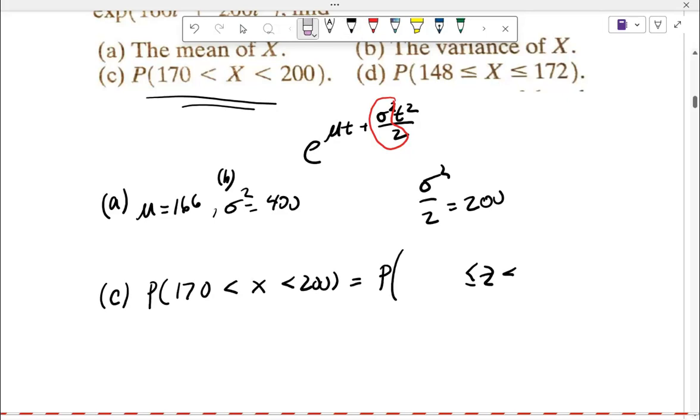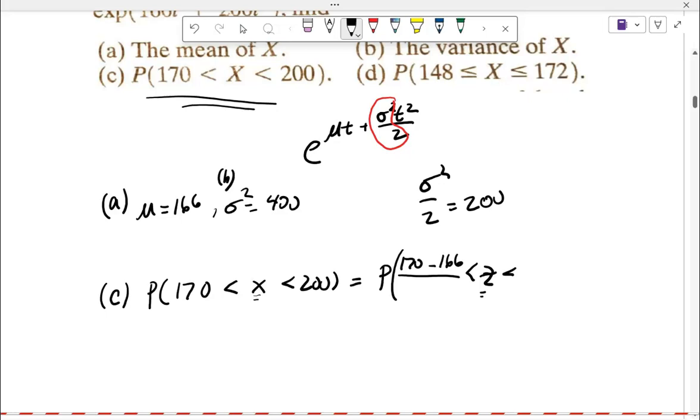Oh, I put an equal sign. Do the equal signs matter, by the way? No. Continuous distribution again, right? So remember what we do to go from a general normal distribution to a standard normal. You take the x value, which in this case is the 170. You subtract off the mean, which in this case is 166.